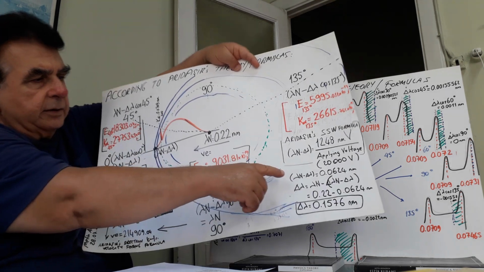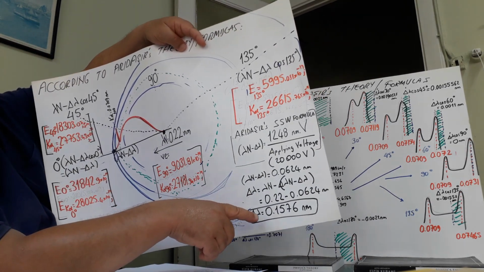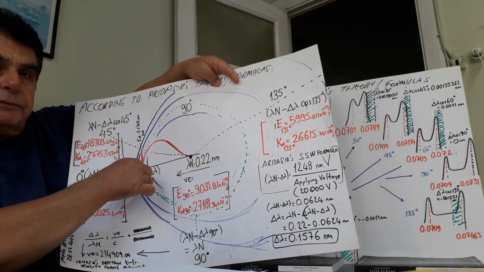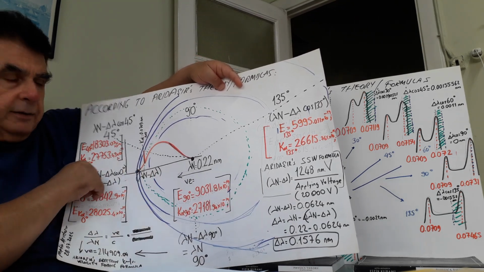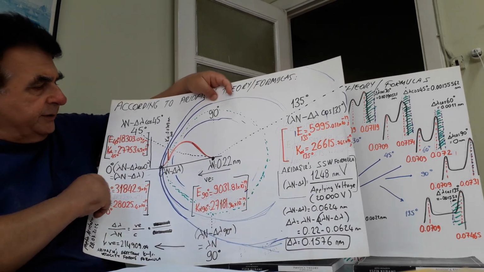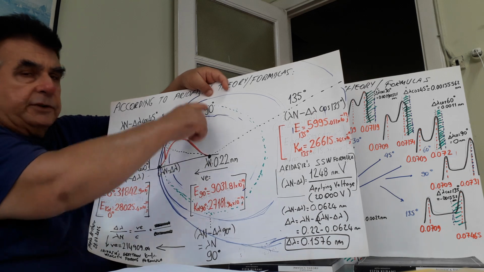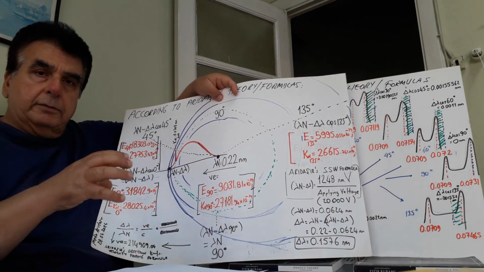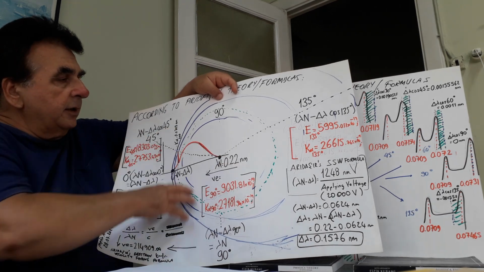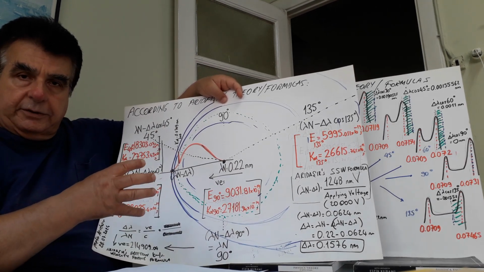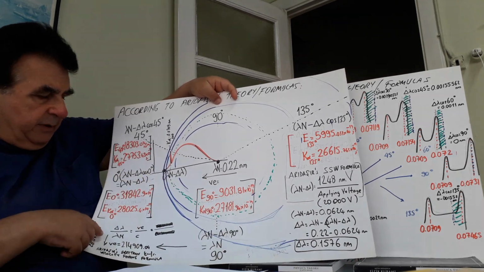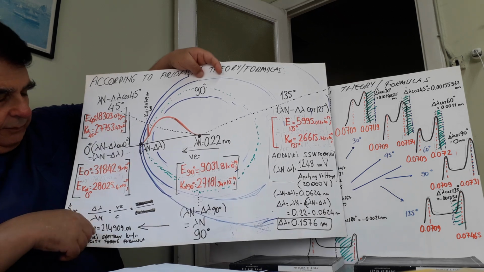Delta lambda here, from my formulas, is 0.1576 nanometer for consecutive waves of the free electron motion form. For instance, at 90 degrees normal, the initial wavelength is 0.22 nanometer when the free electron motion form is at rest, but when it gains energy, its velocity rises to 214,900.